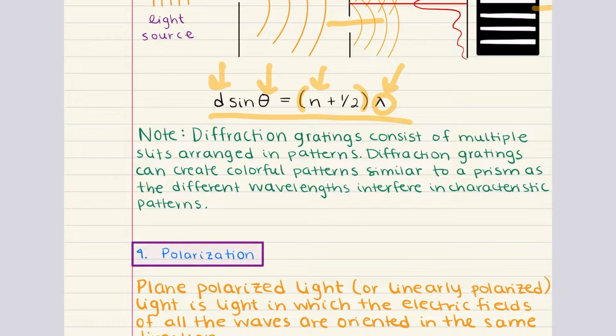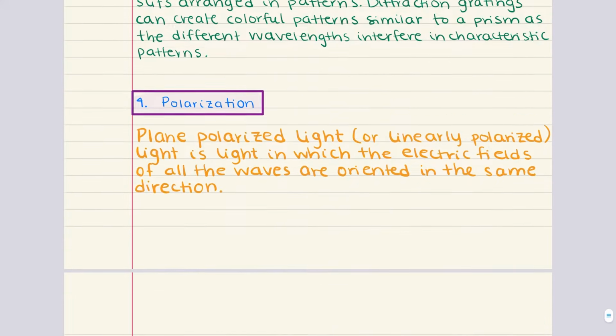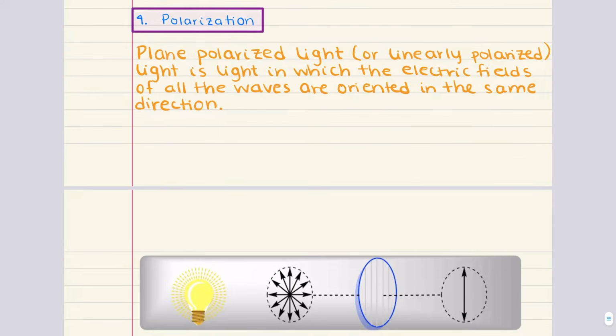This effect is similar to how a prism disperses light, but instead of bending light by refraction, diffraction gratings separate colors through interference. And with that, we can move into our final objective, where we can discuss polarization.